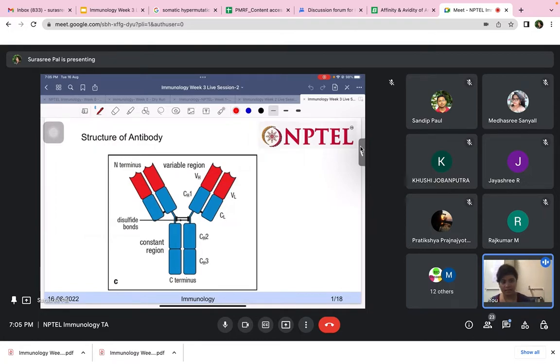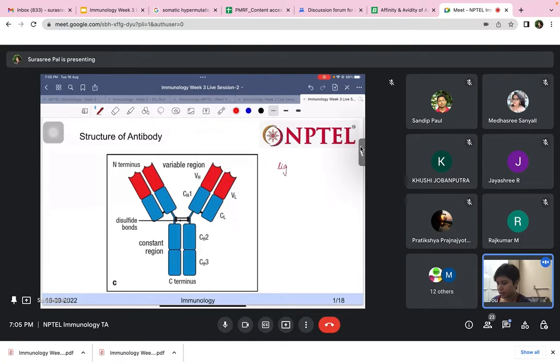So first let's go through briefly what the structure of an antibody is. I hope you are also quite clear with that. An antibody contains a light chain and a heavy chain, right?